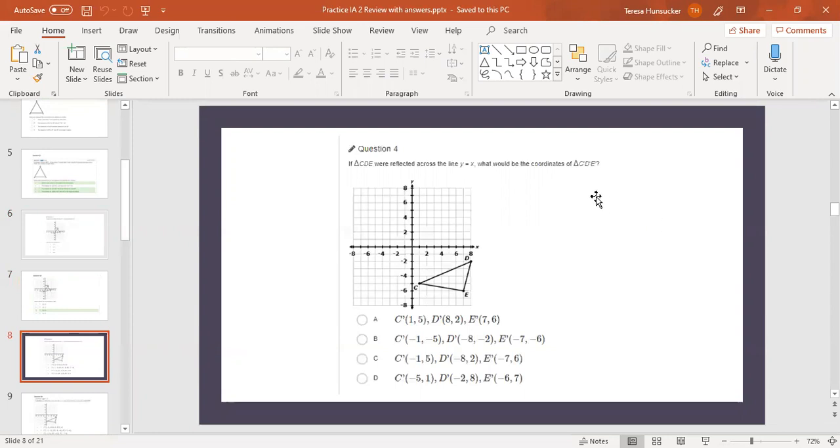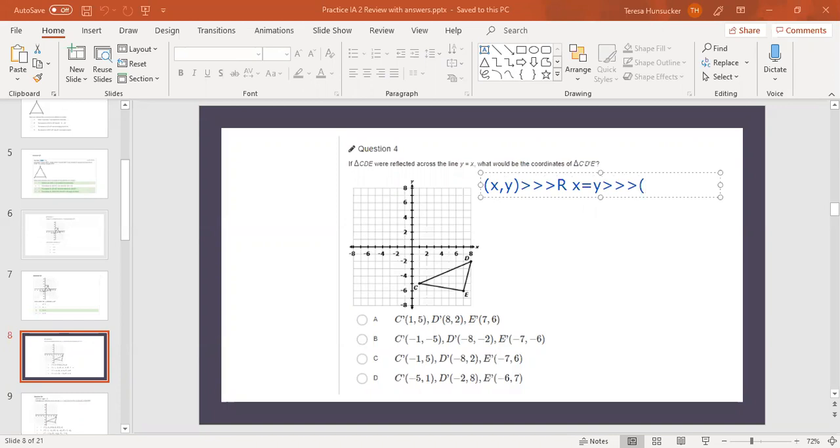Okay, so what that is saying is X equals Y and Y equals X. So the rule, okay, if we have the point X, Y, and we reflect it across the line X equals Y, all we're going to do is switch.